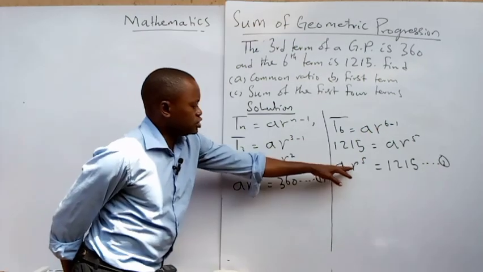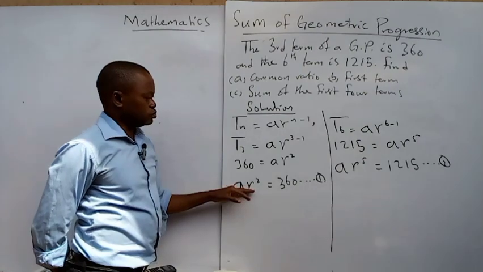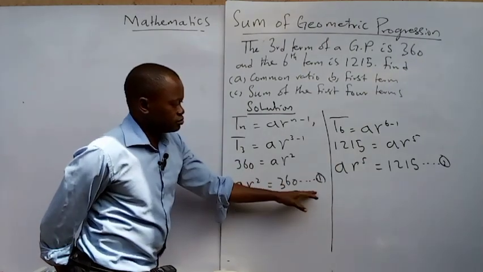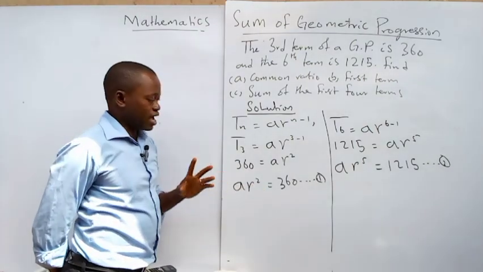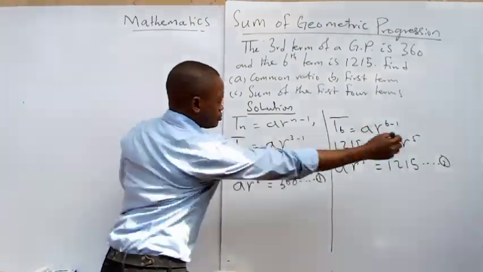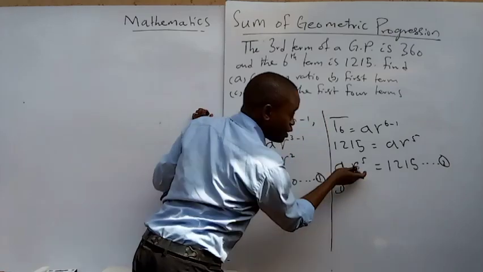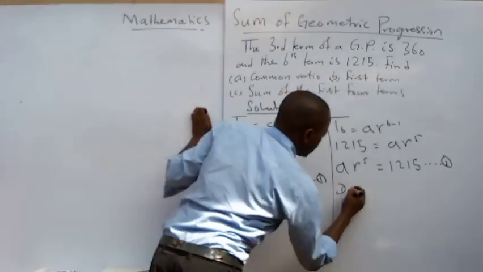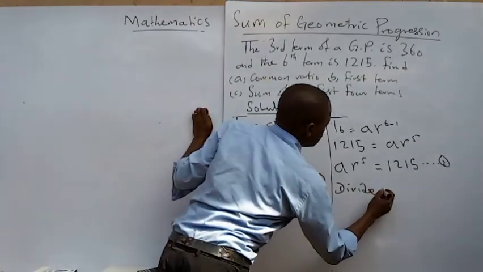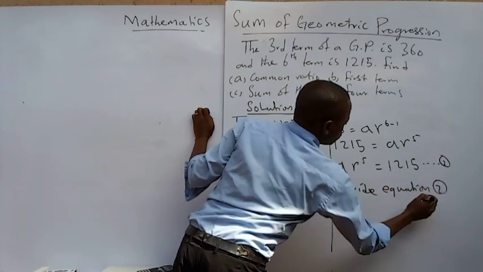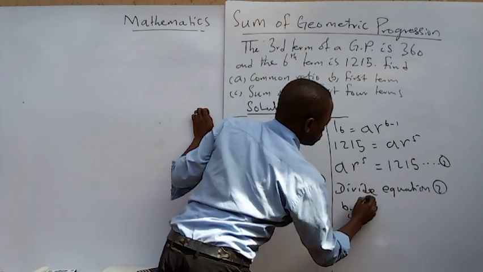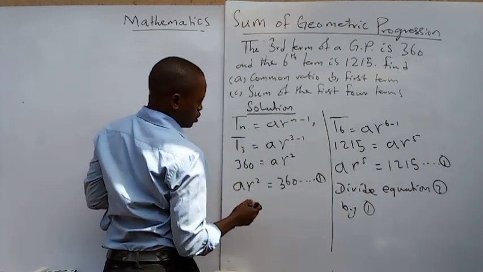This one has degree 5 and this one has degree 2. The only way to bring this down is to reduce the power. That's the only access point. So I can divide the higher power by the lower power: divide equation 2 by 1.